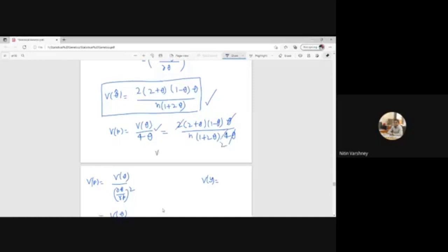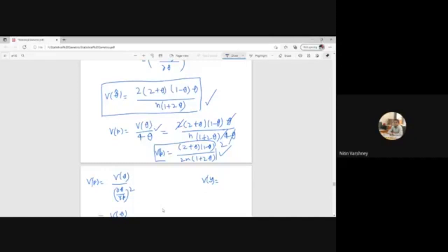So variance of p will be (2 plus theta)(1 minus theta) upon 2n(1 plus 2 theta). Okay. By this type we can calculate the variance in our likelihood method.